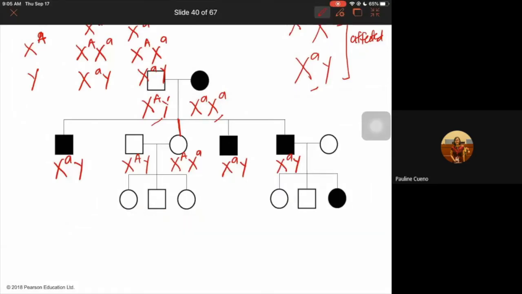So for the first child, if you perform the cross of these two, there are two possible genotypes. It's either the girl is homozygous dominant or heterozygous. So in that case, either you specify the possible genotype or you can make it this way, X capital A, X blank. Why is there an X blank?